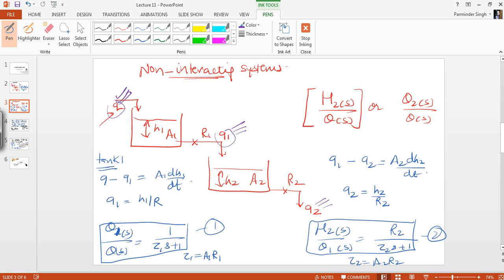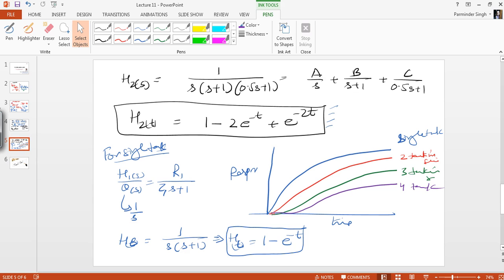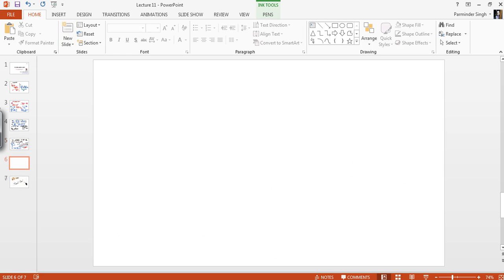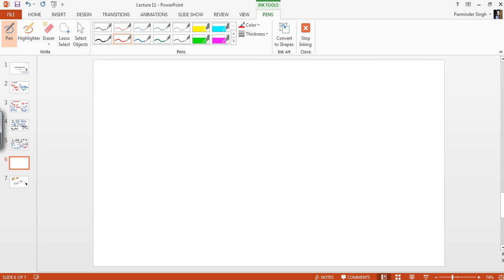Now if you add more and more tanks, the output of the last tank will be very slowly affected by any change in the input. So as the number of tanks increases, the system becomes more and more sluggish in nature. So remember this.